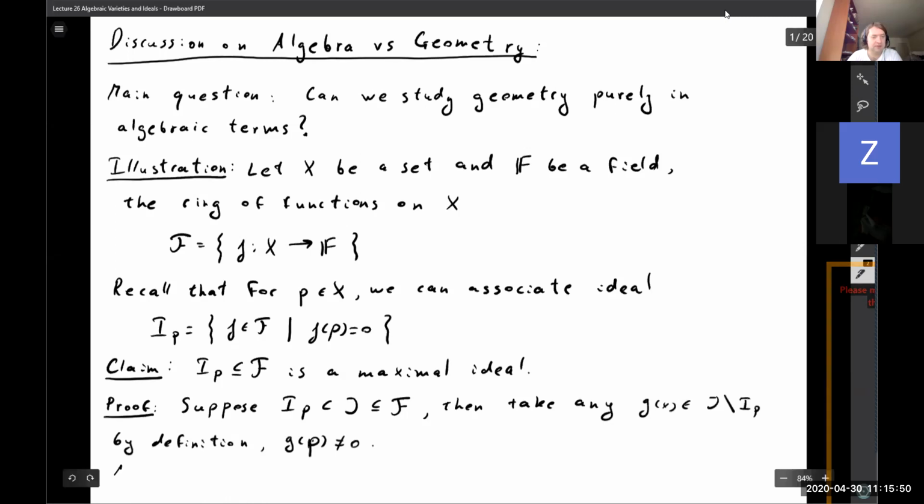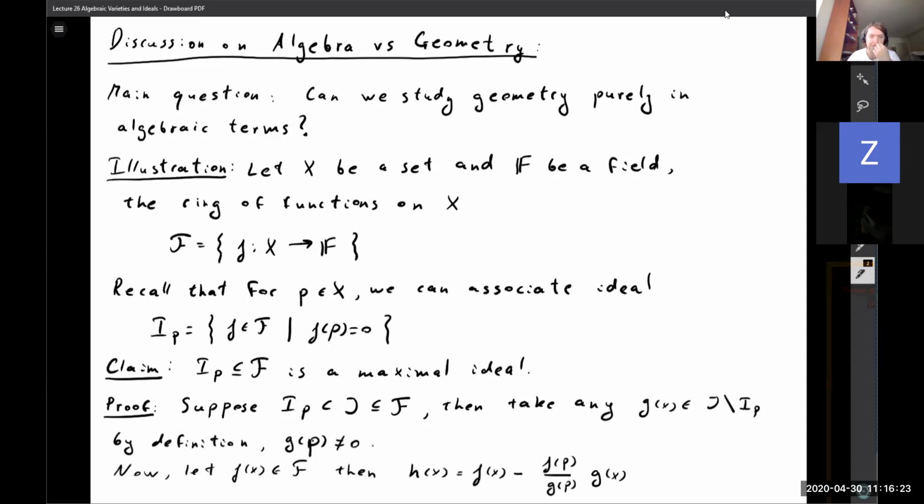Now let f of x be any function in this calligraphic F. Let's consider the function h of x, defined as f of x minus f of p divided by g of p times g of x.